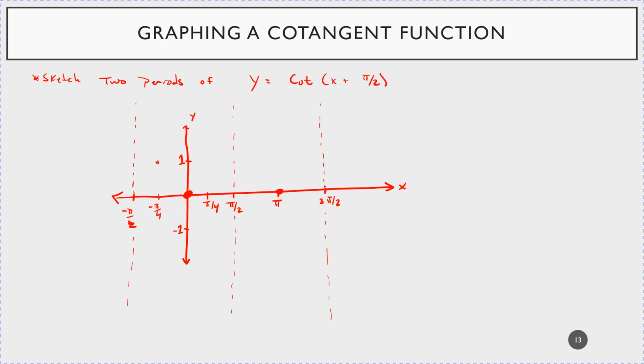And so look, 1, 0, negative 1, and then butt up against the asymptotes. And then what falls between pi over 2 and pi? That's 3 pi over 4, and then obviously over here it's 5 pi over 4. 1, 0, negative 1. And we got it.